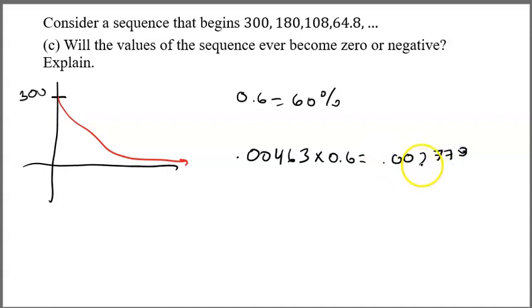I get a smaller number, but it's still technically not 0. So these numbers will never become 0. And they'll never become negative because 60% of a positive number is going to be positive, no matter how small it is. So there's a little review or introduction to sequences.